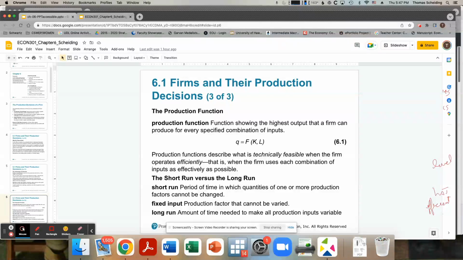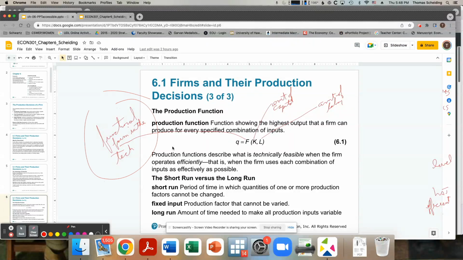Now, you've probably seen this kind of production function before, but essentially, you've got your amount of capital, you've got your amount of labor, and the functional form of this is the technology.